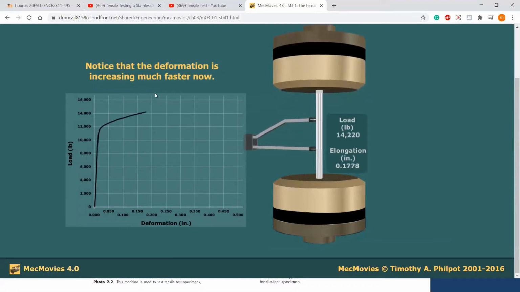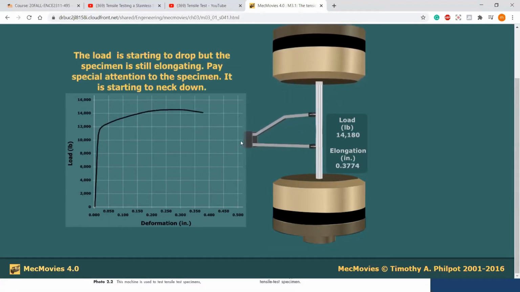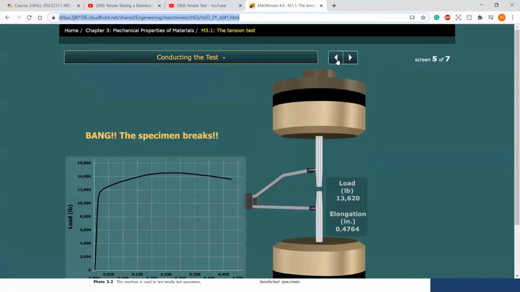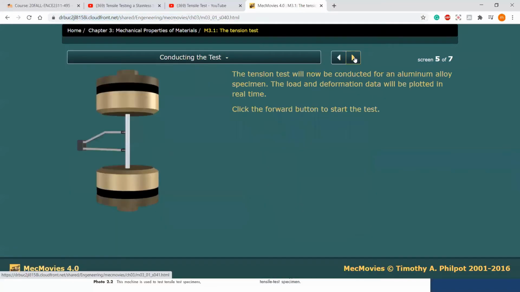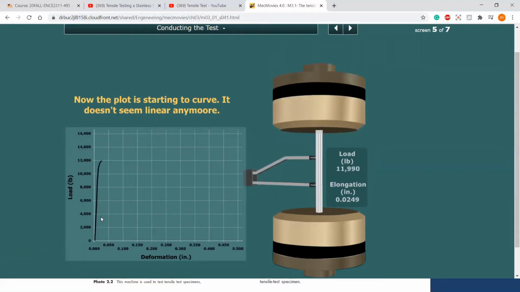We're gonna run this stage a couple times to understand in detail. Let's run one more time. If you notice at the beginning, the plot is linear, and that linear portion is the elastic region.